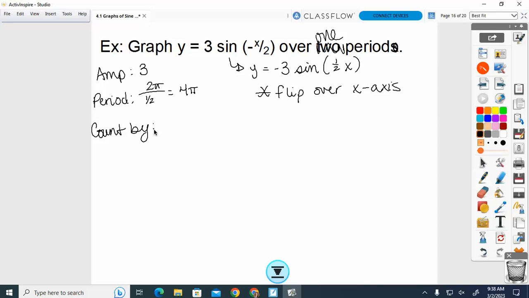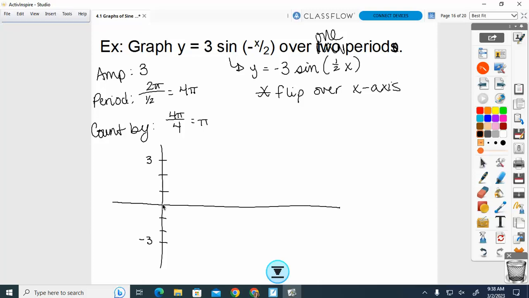You take the period and then divide it by 4, so 4 quadrants. So we get pi. The amplitude is 3. So we'll have to make sure our highest y value is 3 and the lowest is negative 3.